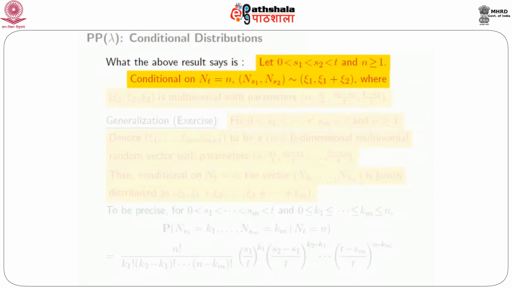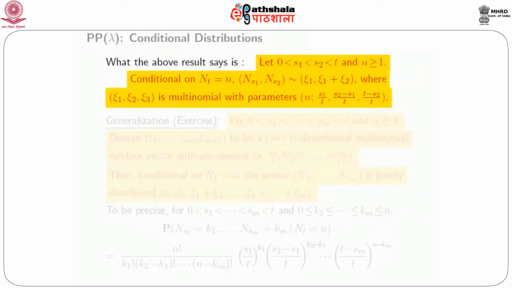This result says that, let s1, s2 satisfy this, that is s1 is less than s2 and less than t, and suppose n is greater than or equal to 1. Then conditional on N_t equal to n, the distribution of (N_s1, N_s2) is like the distribution of (xi1, xi1 plus xi2), where (xi1, xi2, xi3) is a multinomial with parameters n and (s1 by t, (s2 minus s1) by t, (t minus s2) by t).